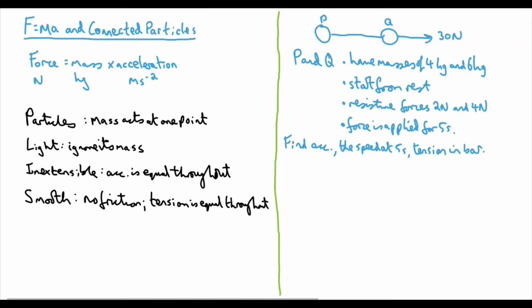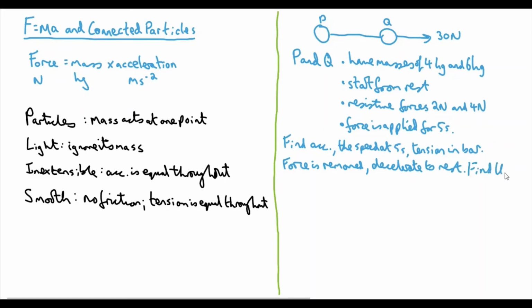Additionally, after the 5 seconds, the force is removed and they decelerate to rest again. With that in mind, find the distance travelled by P while it's decelerating, as well as the thrust in the rod, again while it is decelerating.